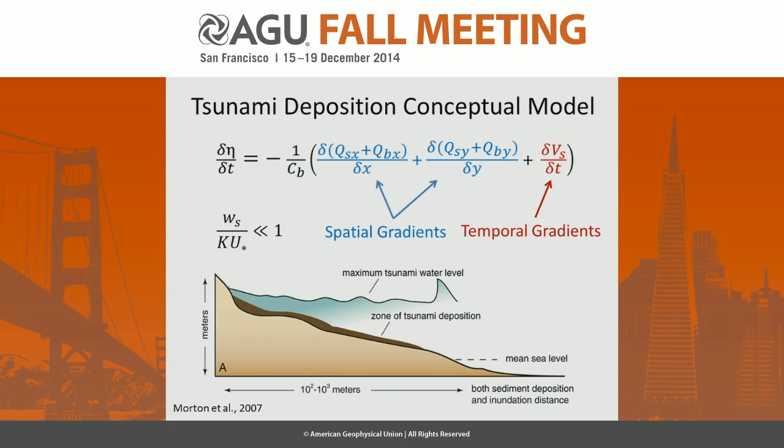However, if the dV/dt term is controlling deposition, so the volume of suspended sediment in the water column decreasing during temporally decelerating flow, we would expect that deposit thickness would be controlled by how much sediment was suspended in the water column, which is a function of flow depth.